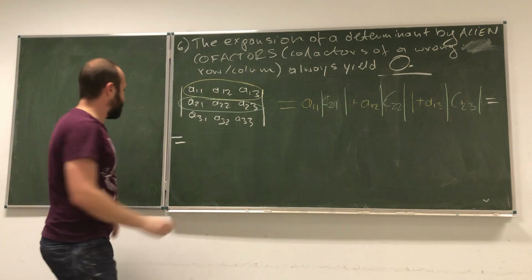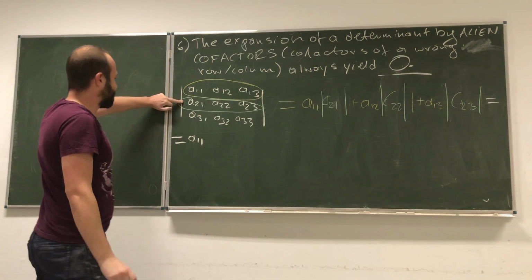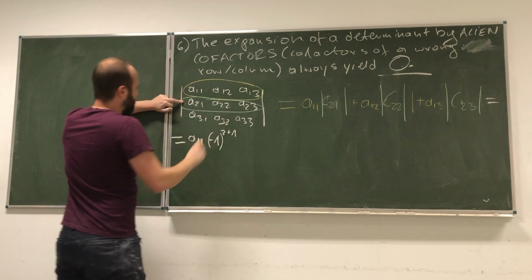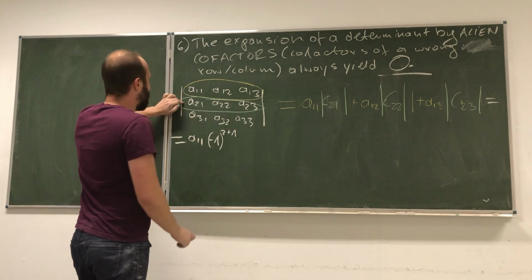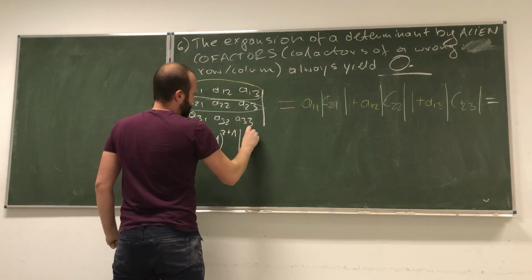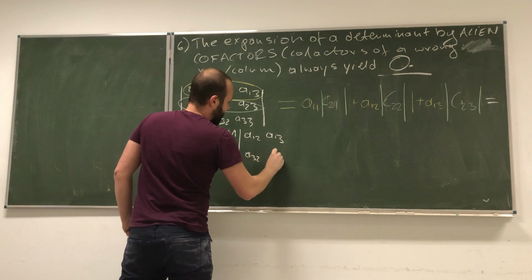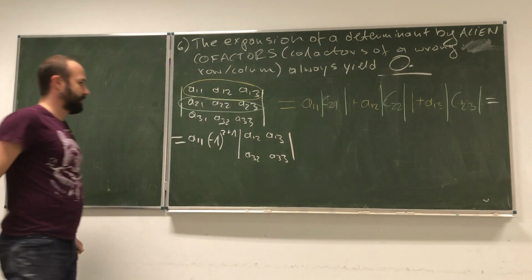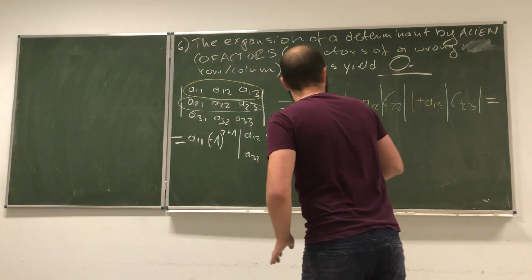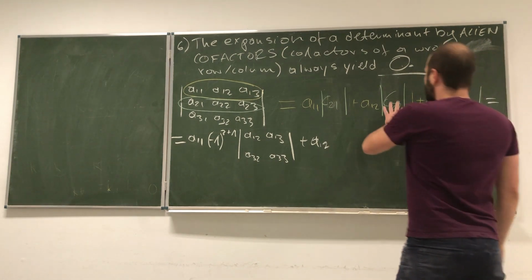Okay, so I got A11 times cofactor C21. For this element in the second row, first column, the cofactor we get is A12, A13, A32, A33. Right? Now I'm going to get A12 and its cofactor C22.